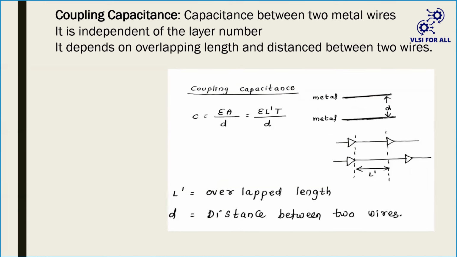If overlap length reduces, coupling capacitance reduces. If coupling capacitance reduces, the net delay reduces. If the net delay reduces, timing closure becomes easy. So team, in a single word, the routing is horizontal, vertical only, so that overlap length reduces, coupling capacitance reduces, and hence the delay reduces.